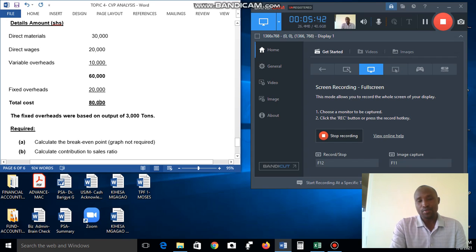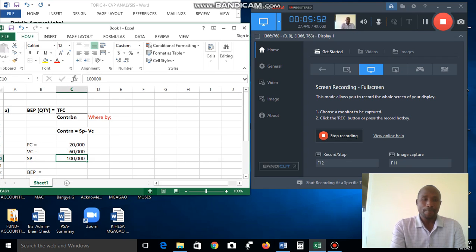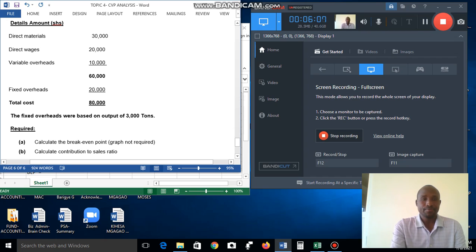Since the break-even point in quantity requires us to use this formula, break-even point is equal to total fixed costs over contribution. Fixed costs, we have 20,000. This is our 20,000 for fixed costs.